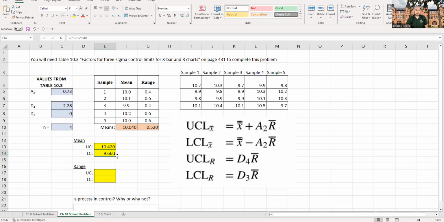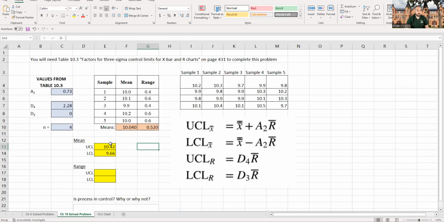So is this process in control? What I'm looking for is, are any of these X bars higher than 10.42, or are any of them lower than 9.66? If so, then it is out of control. Otherwise, if they're within that range, then the process is said to be in control.